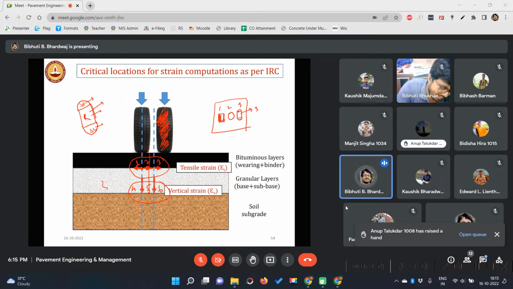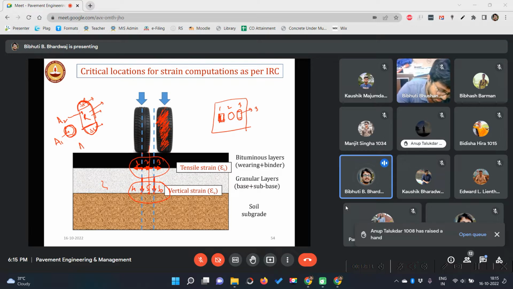Suppose we calculate the area. Suppose this semicircle and this semicircle combine together and form one circle, right? Suppose the area of this circle is A1. Then the area of this rectangle is A2.